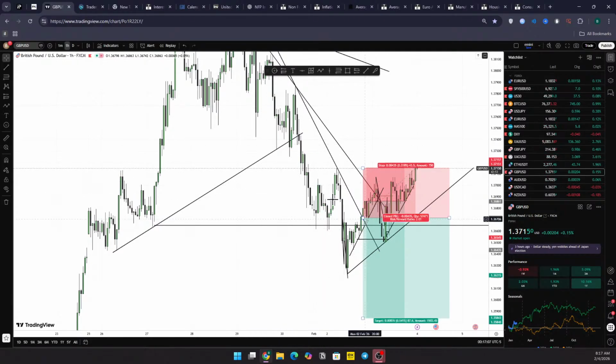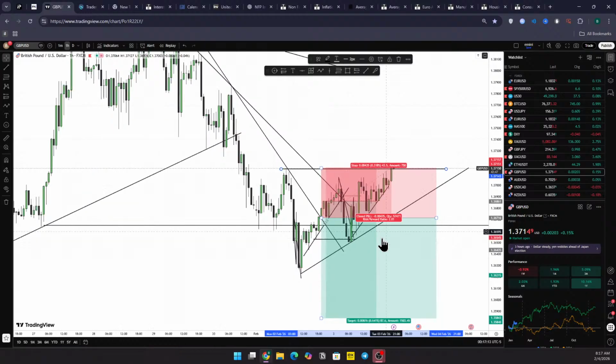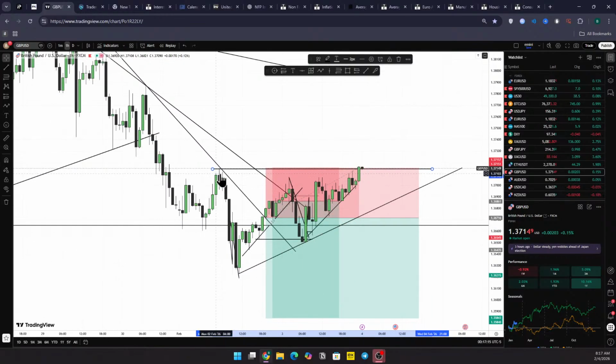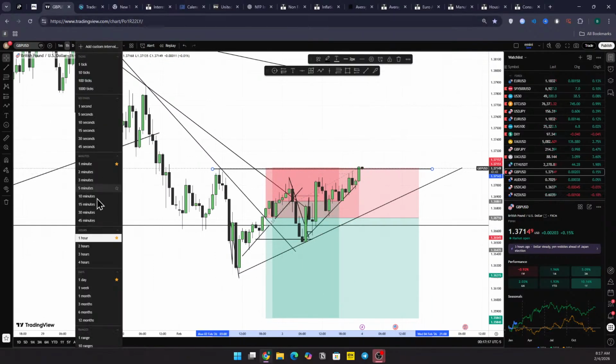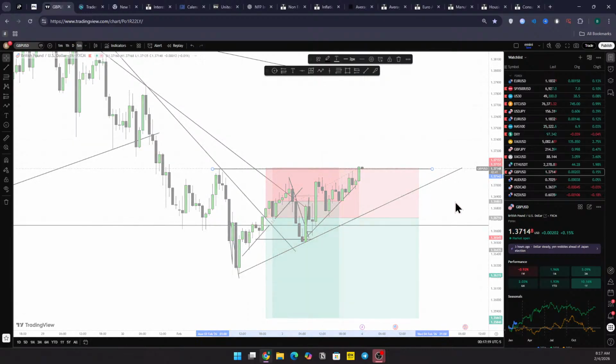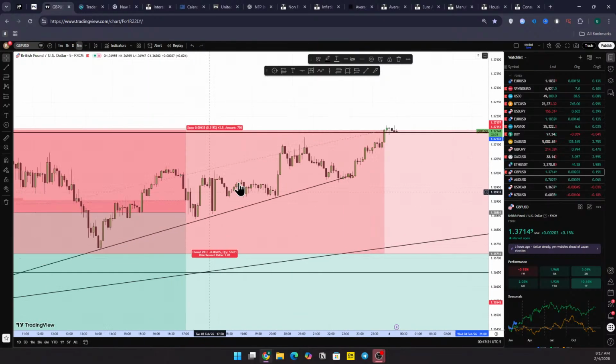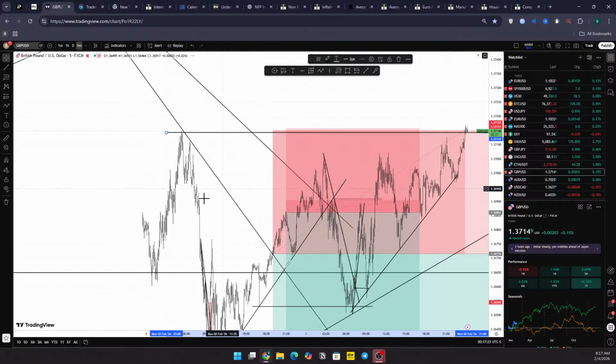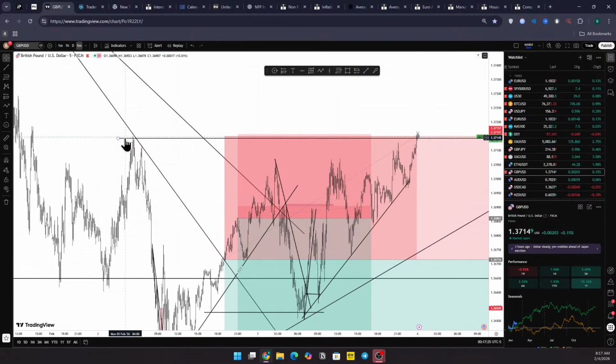But in this case, this is probably just liquidity. The market has already taken liquidity. There are a bunch of liquidities here, so it's a very good time to enter short positions, coming down to the 5 minute and 1 minute chart. I think the market has already taken liquidity.